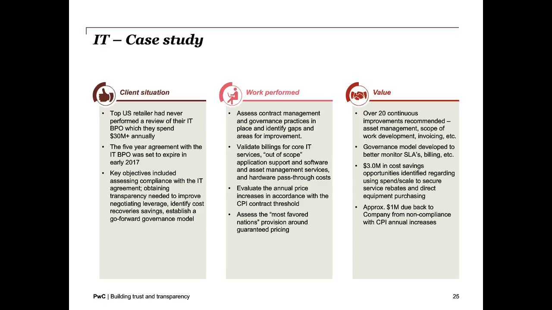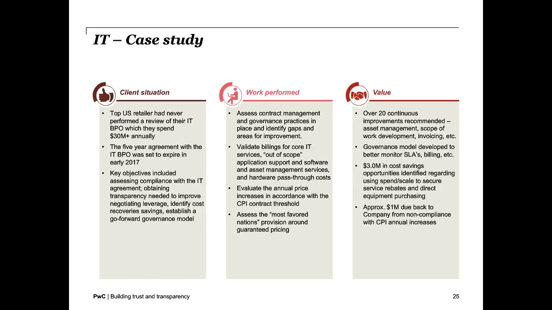From the work that was performed, over 20 improvement opportunities were ultimately recommended in areas such as asset management and improvements on hardware purchases, scope of work development, and streamlining invoicing, all in the spirit of working better together, either with that particular service provider or through lessons learned that they can take to a different service provider.